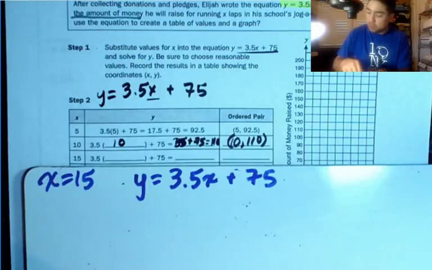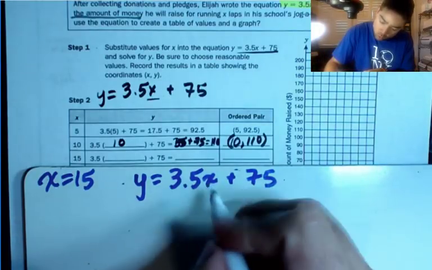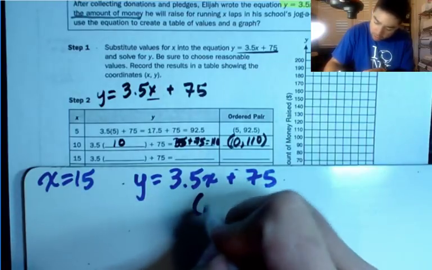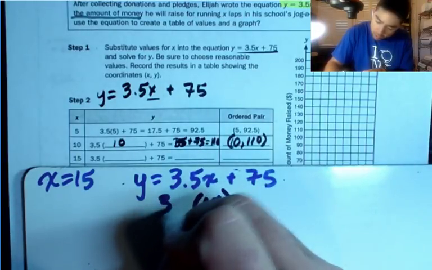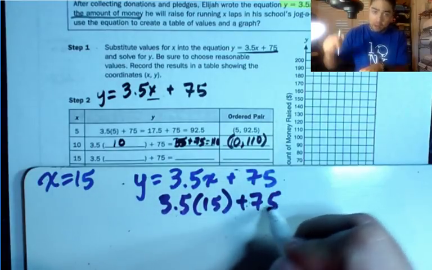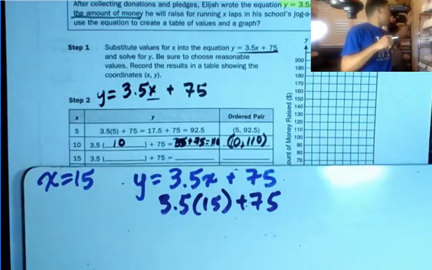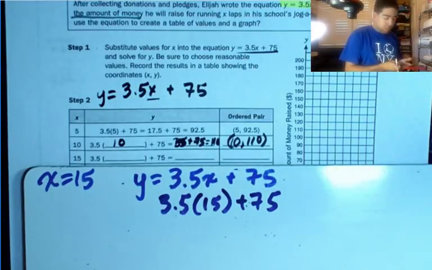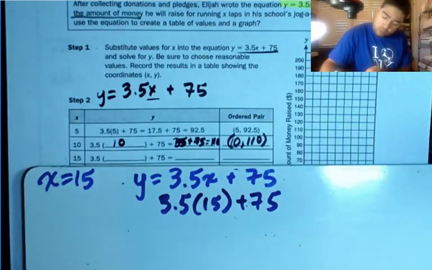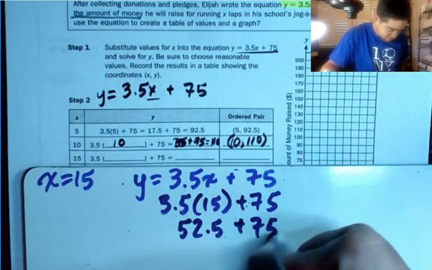We're going to take that 15 and put it in here where the x is, and we're going to add 75. So 3.5 times 15 is 52.5 plus 75.